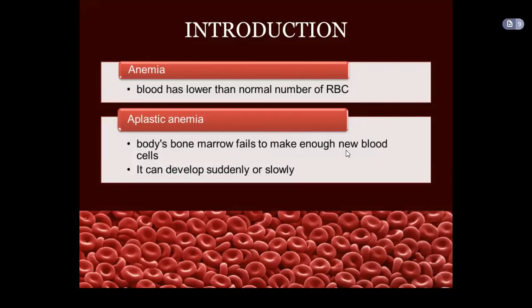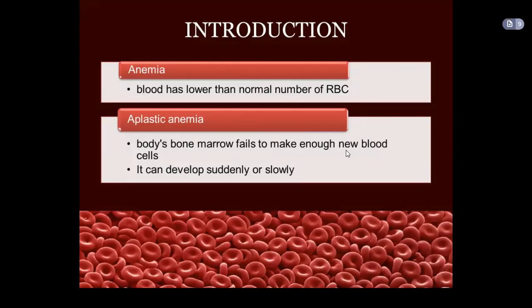Usually what we see is what we call pancytopenia, meaning all blood cell levels are decreased. So we'll have low red blood cells, meaning anemia, leukopenia, and thrombocytopenia.